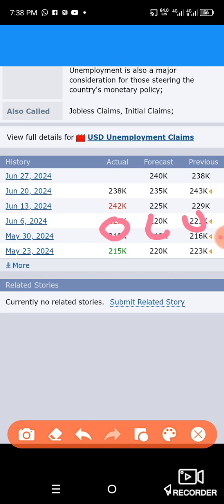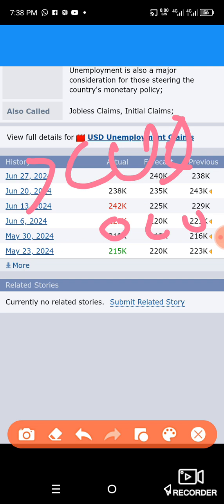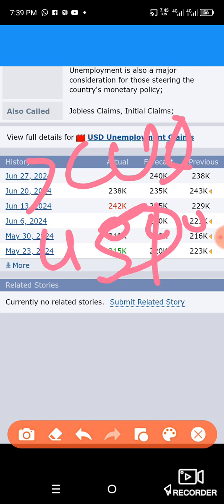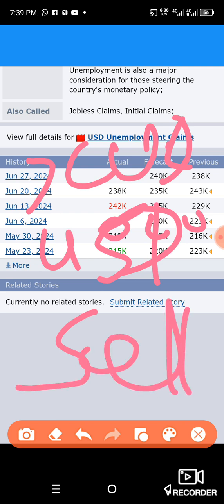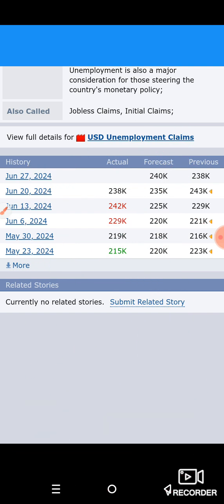If it is something like, let's say, AUD USD, you are going to sell that day because it's lower. That is why on this news, we don't normally use this, because sometimes unemployment claims doesn't go suitable.